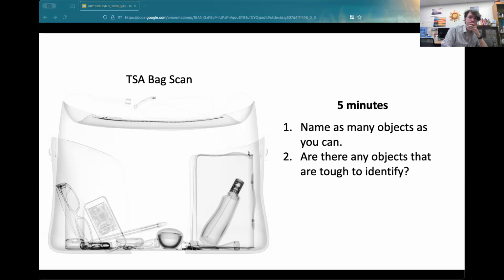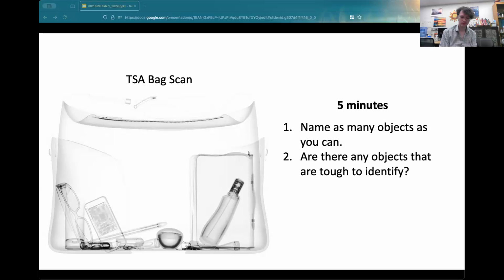All right, so here's our little activity. What you're looking at is an image of a bag scan from the Transportation Security. So, when you go to the airport and they send your bag through that machine, this is something similar to what they might be seeing on their screen as your bag goes through. Just take a few minutes, and I want you to name as many objects as you can.